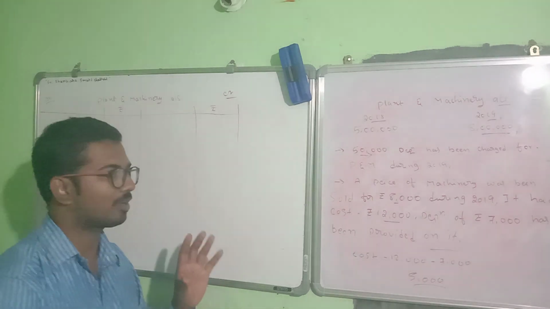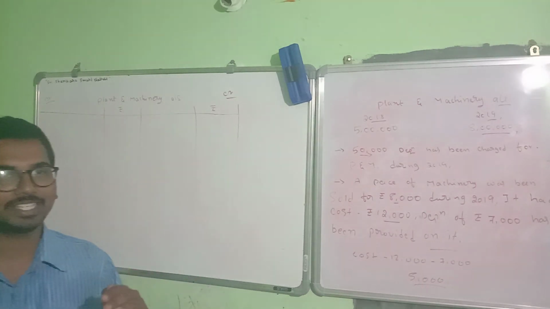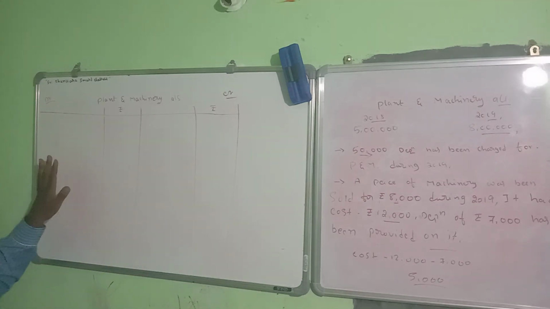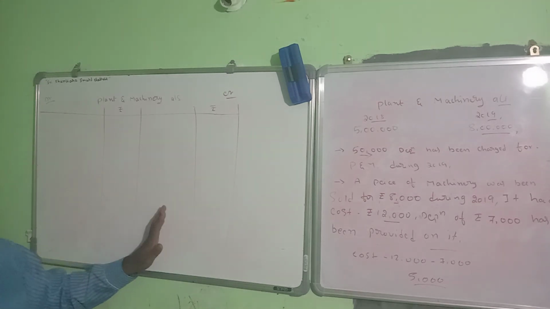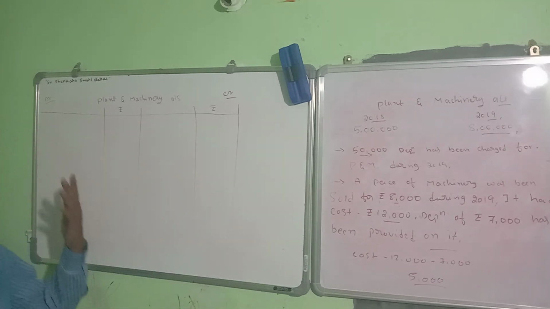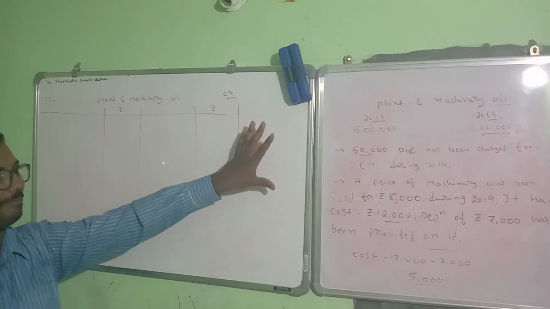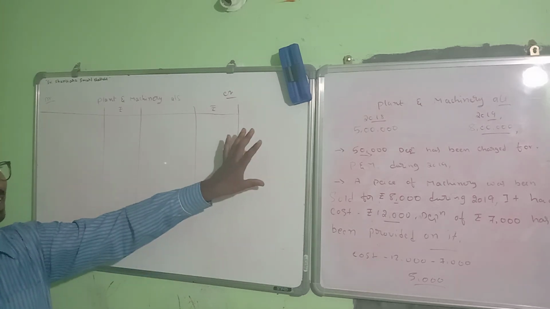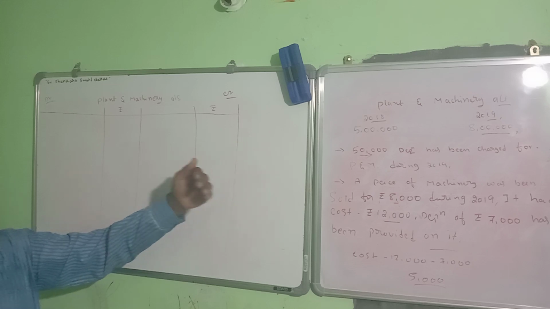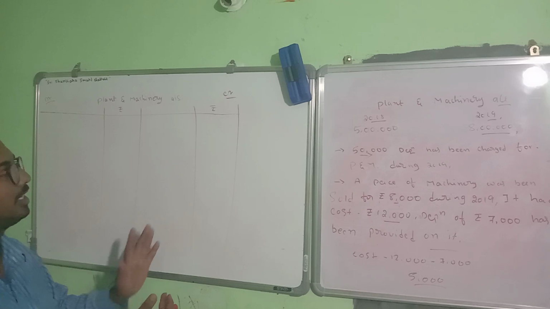Hope we all remember the rules of any asset account: what increases the value of the asset, post under the debit side; what decreases the value of the asset, post under the credit side. Or else you can apply the thumb rule. Machinery account is an asset account. Identify the transactions first, make a transaction list. Any transaction coming in, post on the debit side; going out, post on the credit side.